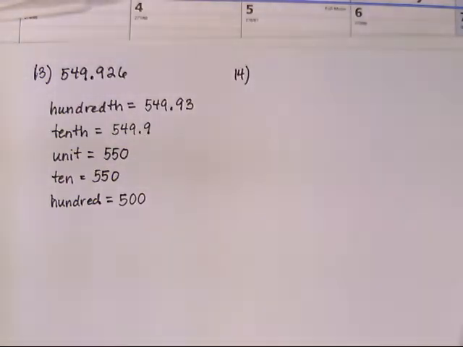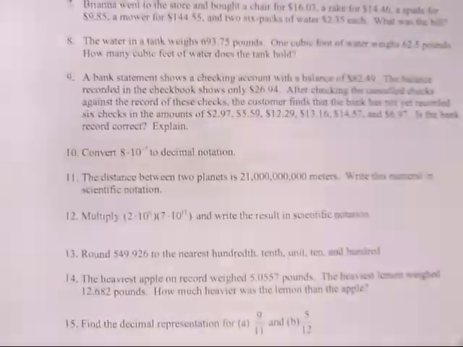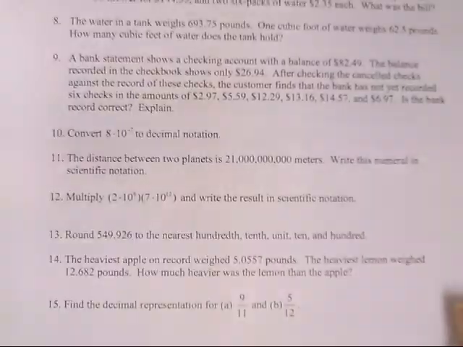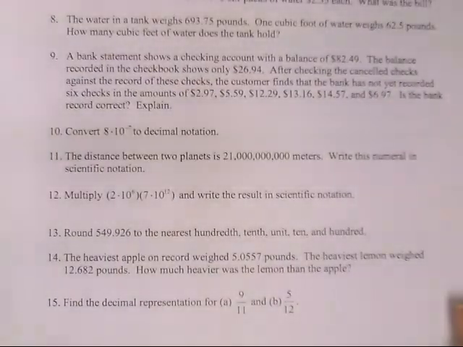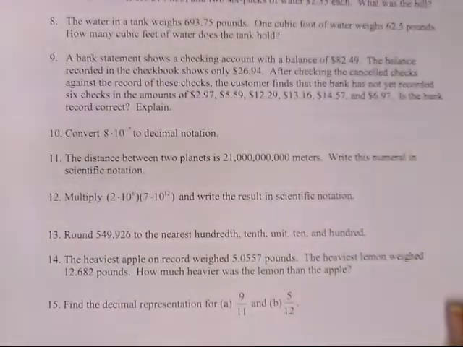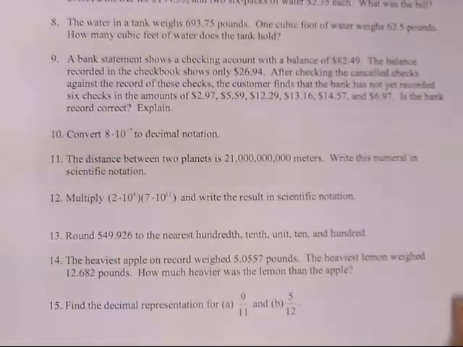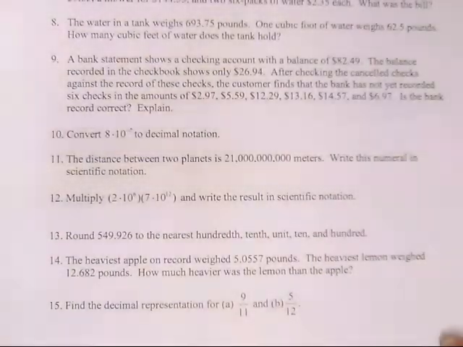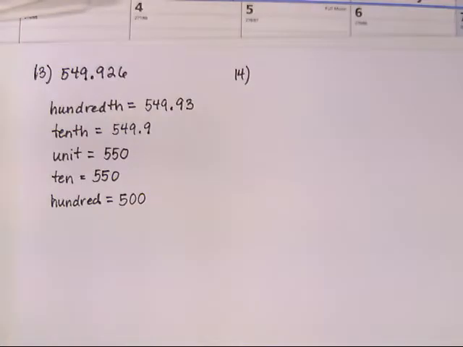Alright, number 14. The heaviest apple on record weighed 5.0557 pounds. The heaviest lemon weighed 12.682 pounds. How much heavier was the lemon than the apple? Well, by how much, we want to subtract.